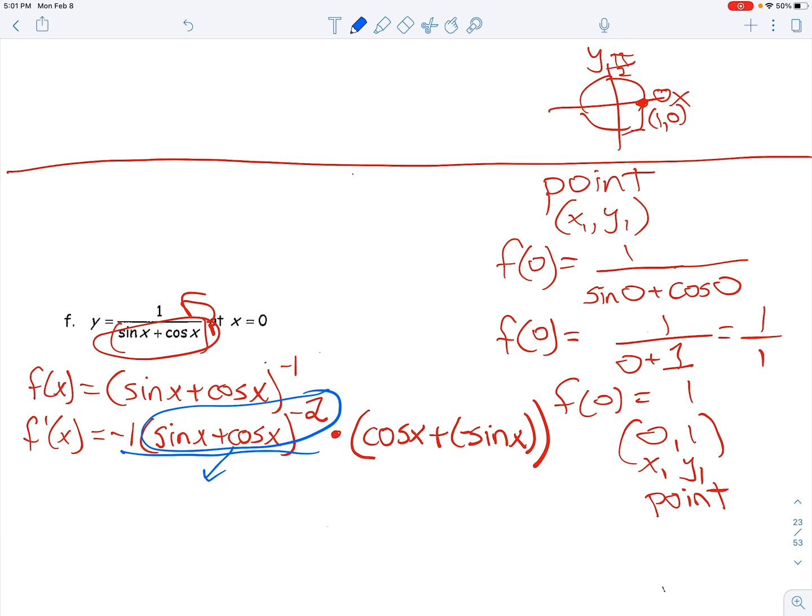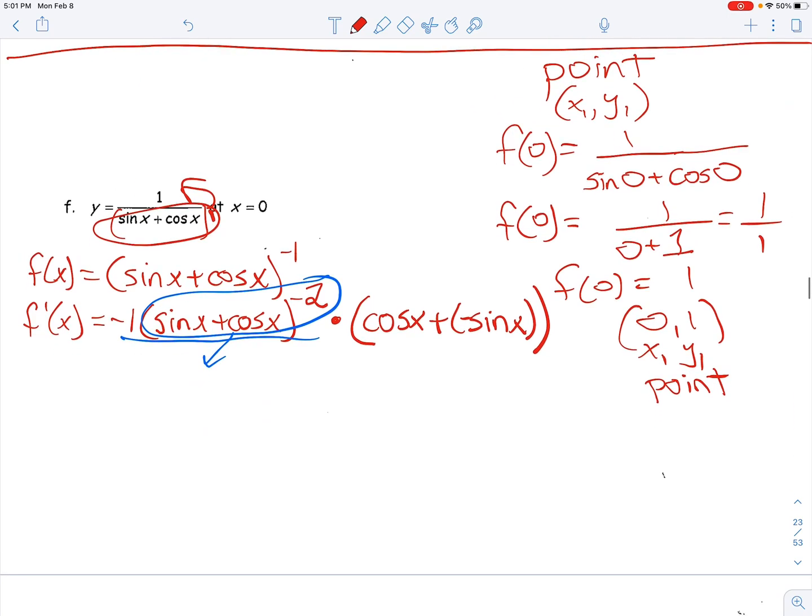I might move that negative 2 back down. All right. Move this to the denominator. That'll make that a positive 2.